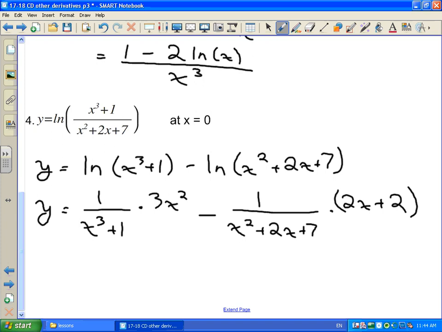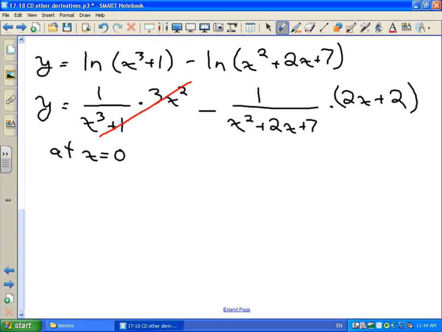And this works out pretty easily if we sub in x equals 0. So at x equals 0, this whole first term is going to just go away because it's all times 3x squared. So this whole thing goes. And then over here, we're left with basically just this second term.